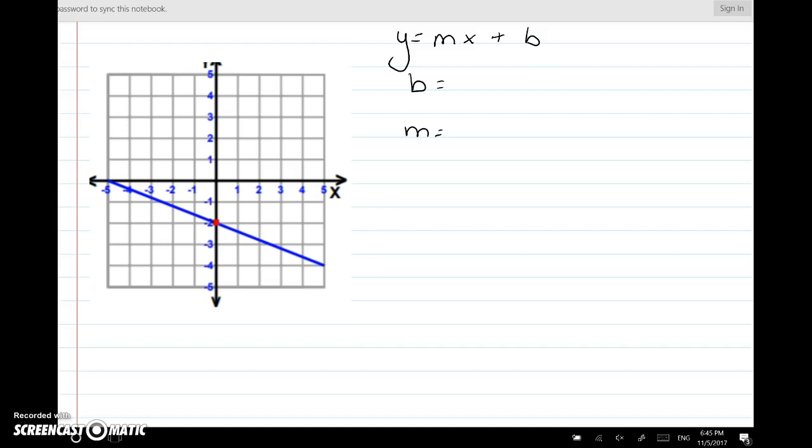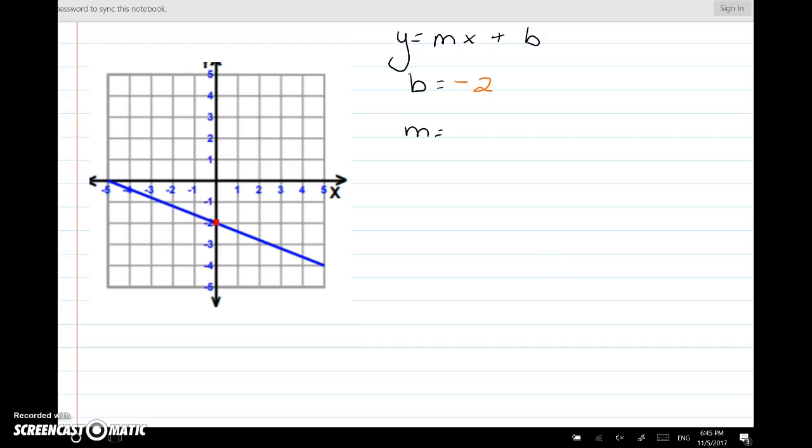So let's start with our y-intercept. Y-intercept is right here at that -2 where the red line is. So my b is -2. And again, I'm writing down the negative. It's very important that I have that negative there.